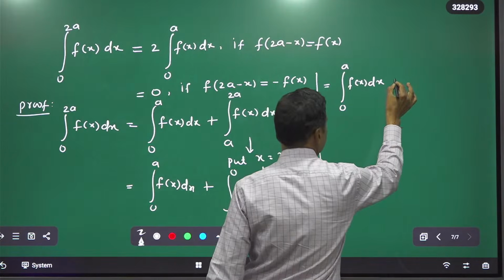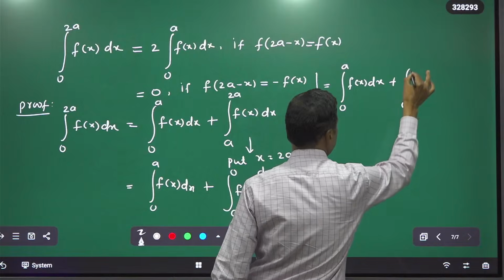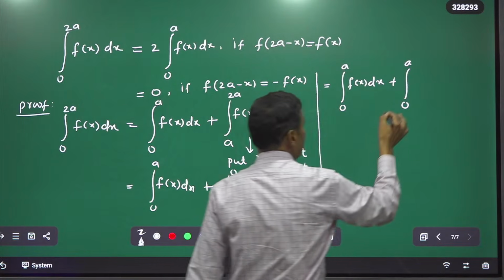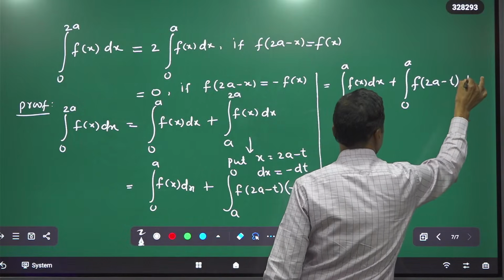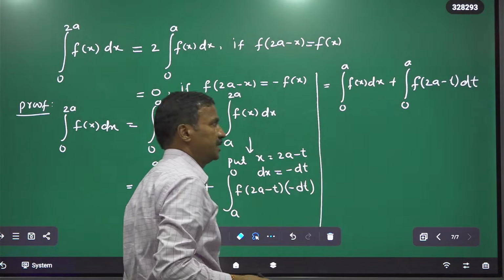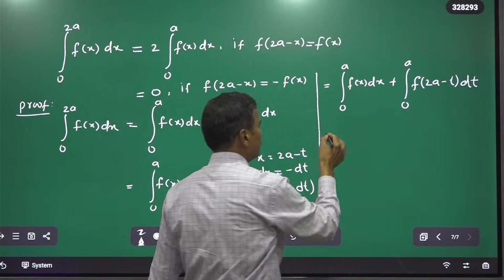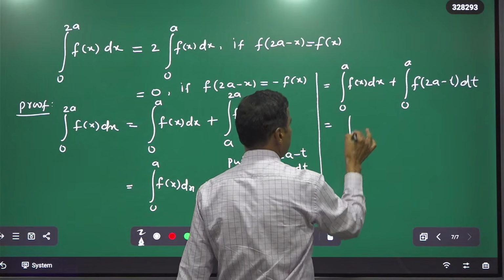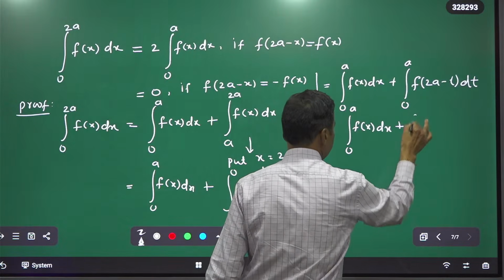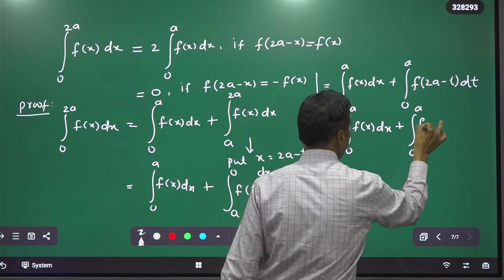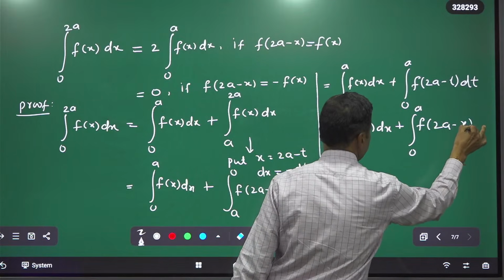So like that, what it becomes here, it is integral of 0 to a f of 2a minus t dt. Therefore, that is integral of 0 to a f of x dx plus integral of 0 to a f of 2a minus x dx here.